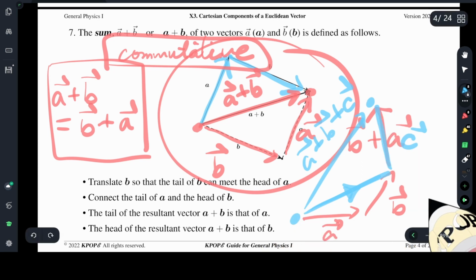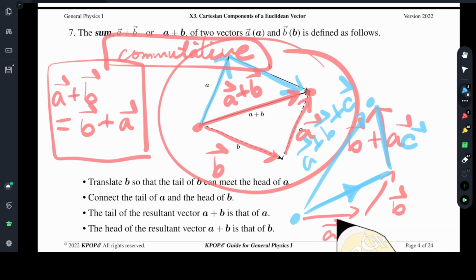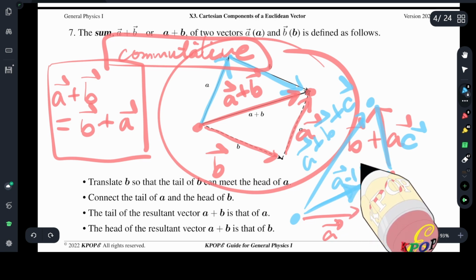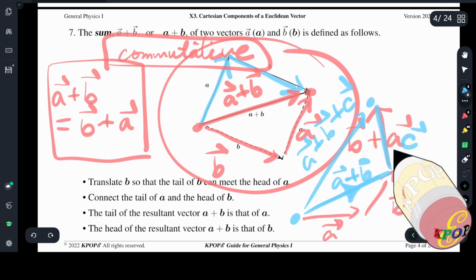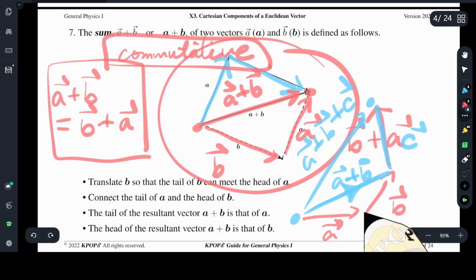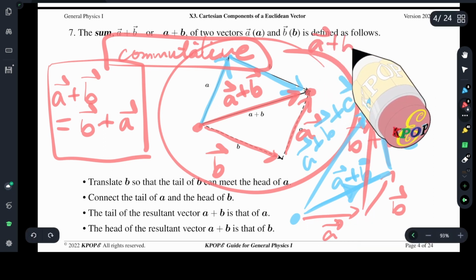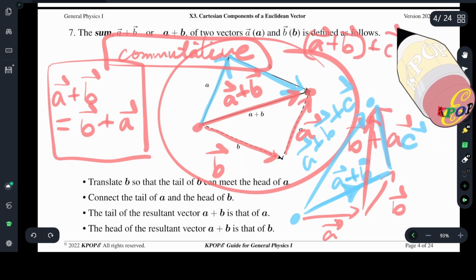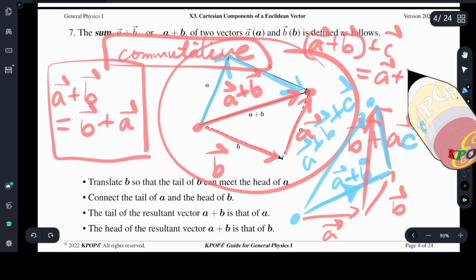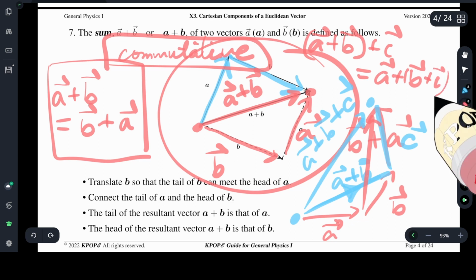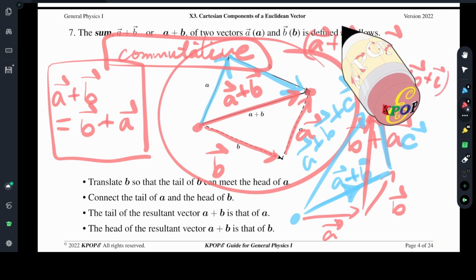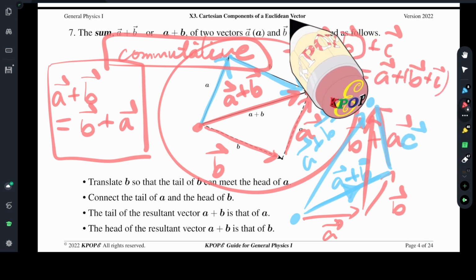But later, one can find an easy way to find A plus B first, and then add C last. Either way, we can add B plus C and then add A later. So in this case, A plus B and then C, and A plus B plus C, are the same. Mathematicians say it is the associative law.